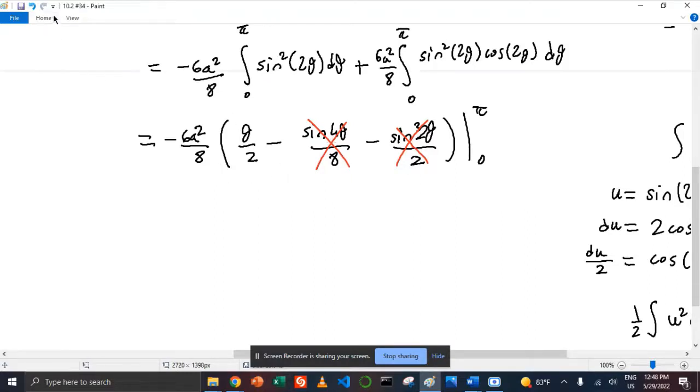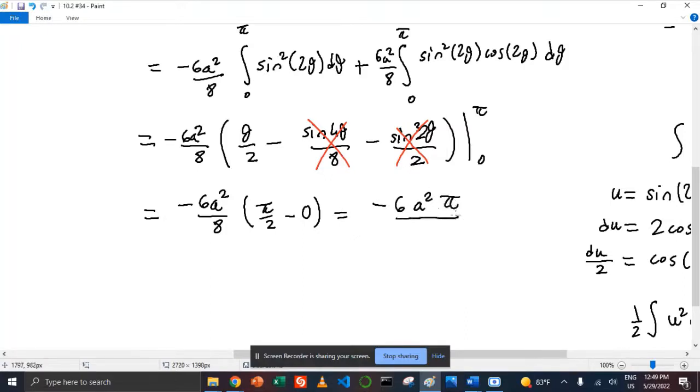And this becomes negative 6a squared over 8 times pi over 2 minus 0, which is just negative 6a squared pi over 16, which simplifies to negative 3. I should have simplified this a long time ago, but here it is. So this should be our area.